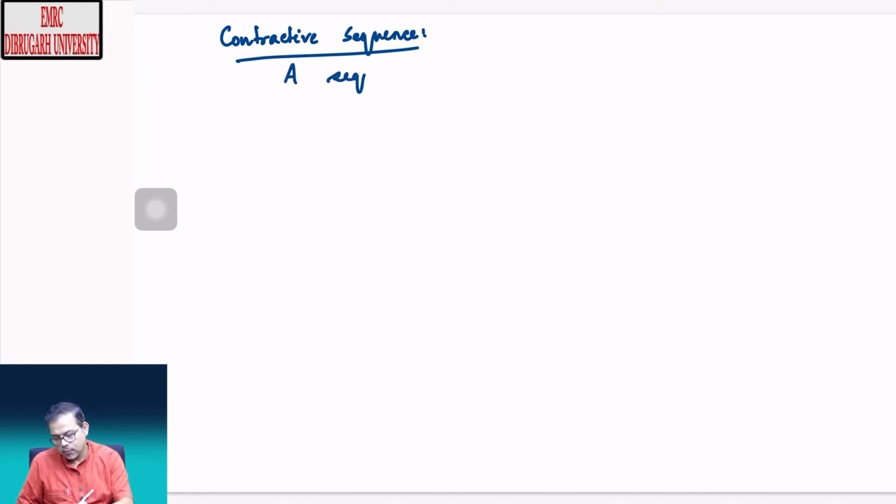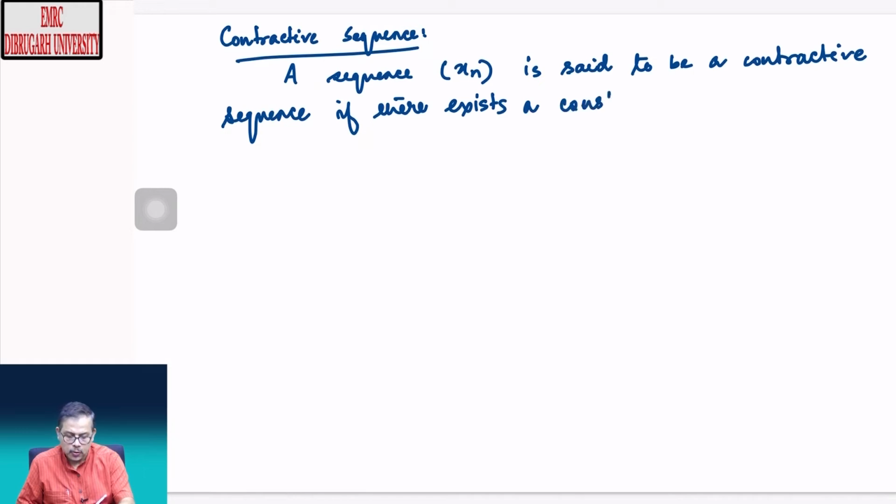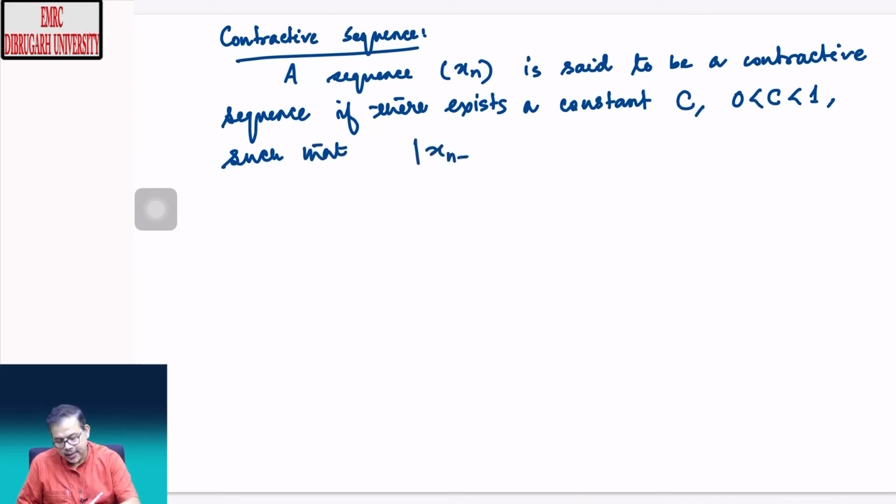A sequence xn is said to be a contractive sequence if there exists a constant C such that C is lying between 0 and 1, and we have x n plus 2 minus x n plus 1.